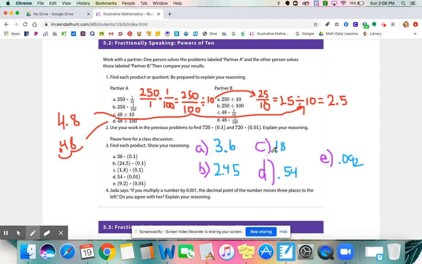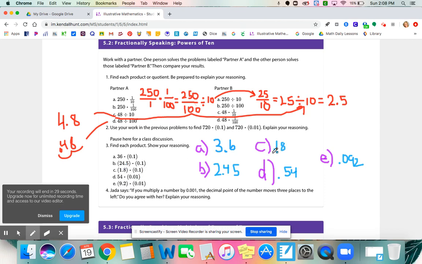Same with C. I had to move the decimal 1. When I times by 100th, now that that's the decimal version, that scooted my decimal two places. And on this one, it moved it so much that I actually had to fill in a 0, because if I move 2 away from the 9, so 1, 2, I have an empty spot I have to fill in, leading up to my decimal, so I would put a 0 out front.